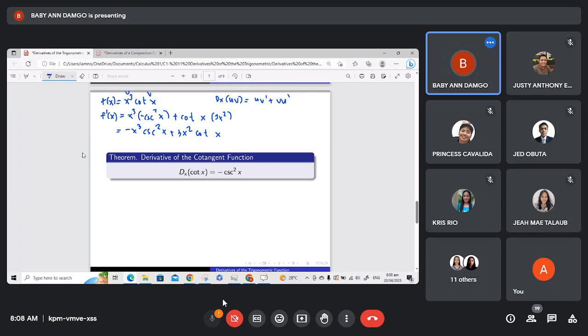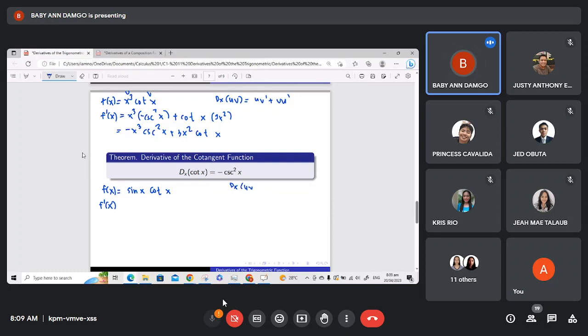Okay? So, another, if you have f of x equal to sine x cotangent x. Okay, so finding the derivative, this is of the product form, so product rule atong gamiton.